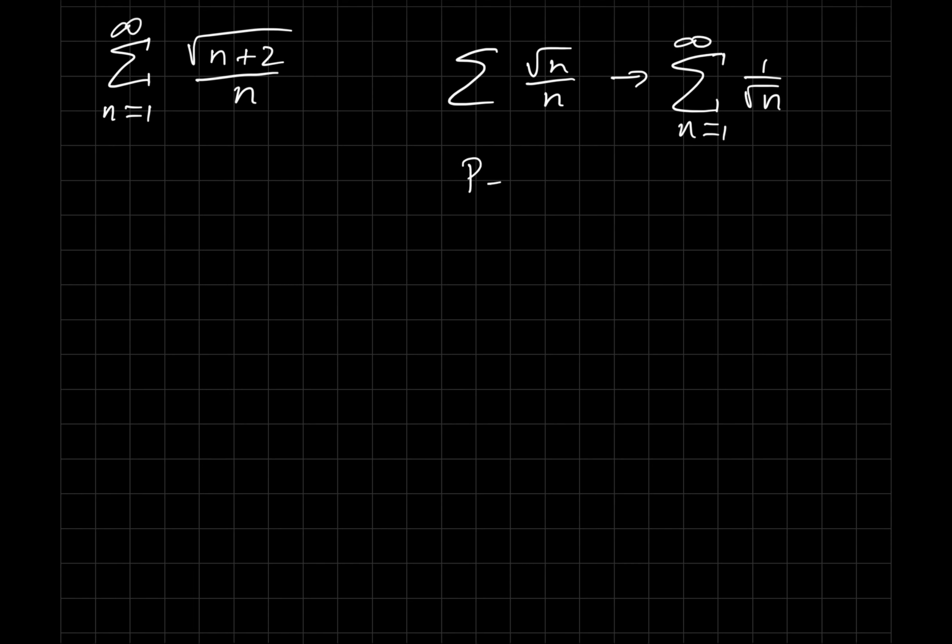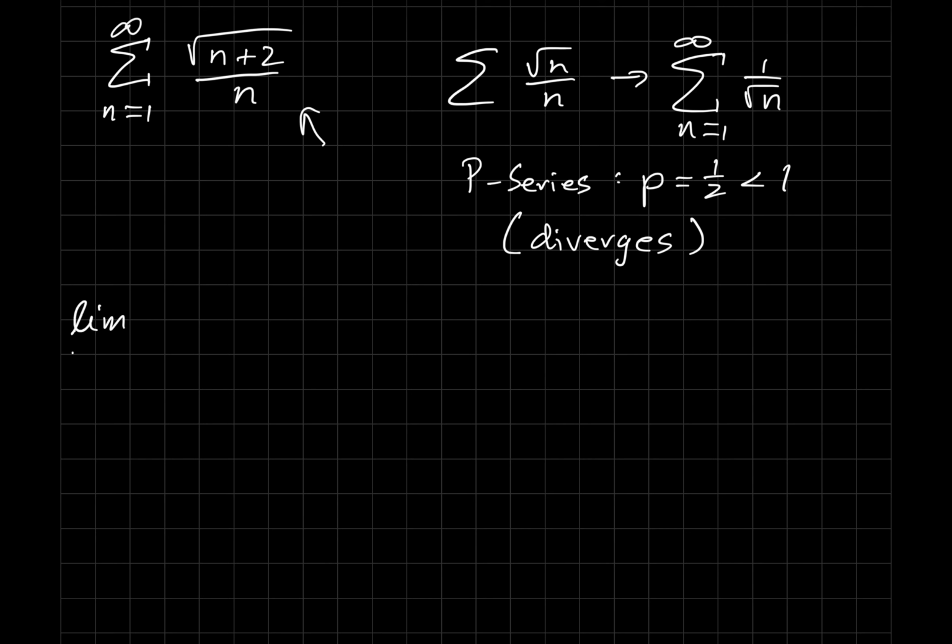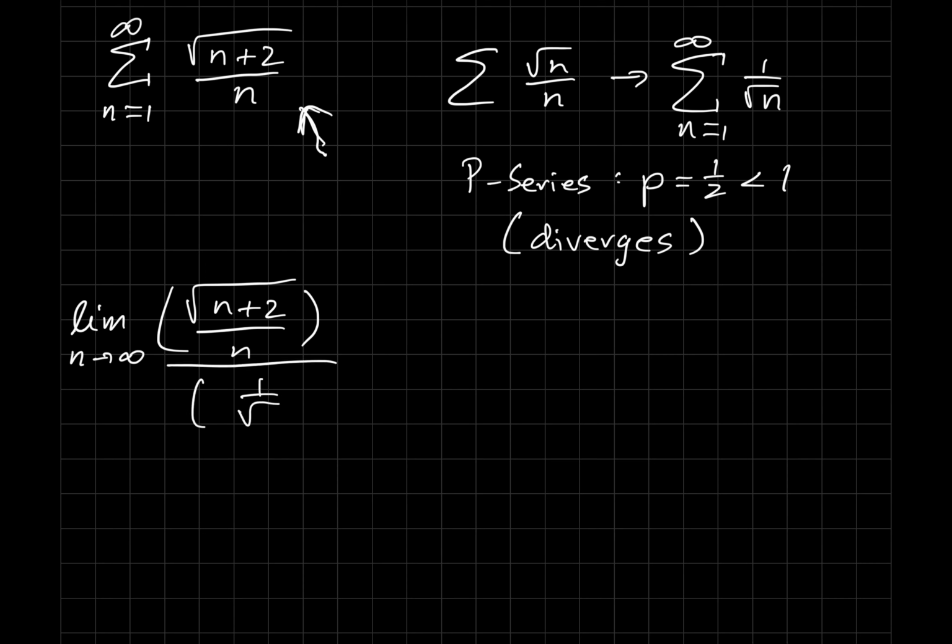So once again, we have a p-series where the power is 1/2, which is less than 1, which means this p-series will diverge. So I already know that this one's going to diverge, but let's go through the work. Let's do the limit as n goes to infinity of, and I'll put this one on top this time, root n plus 2 over n divided by 1 over the square root of n.